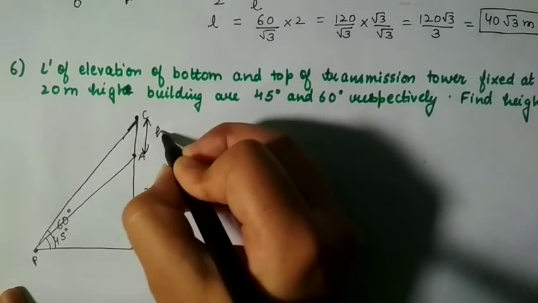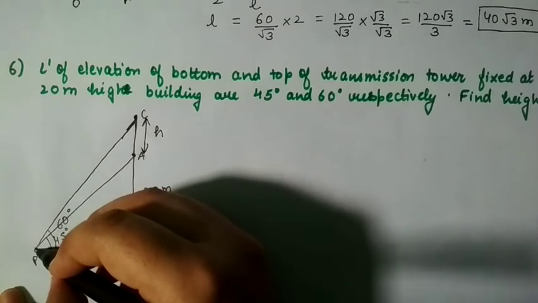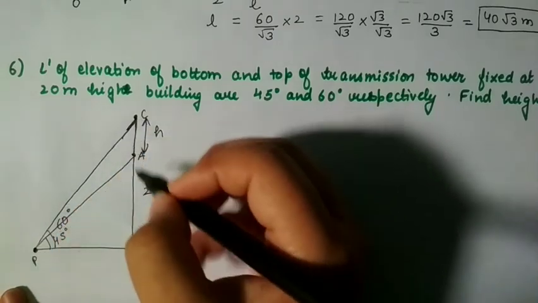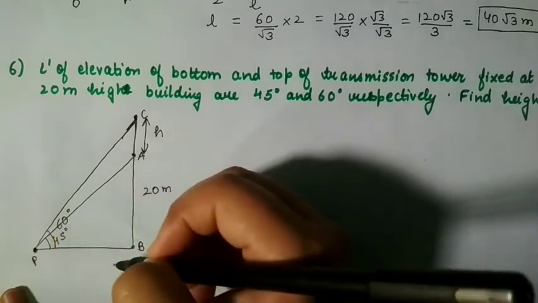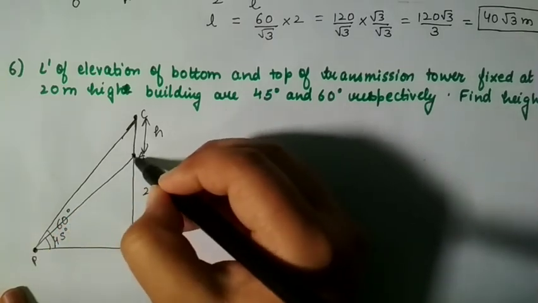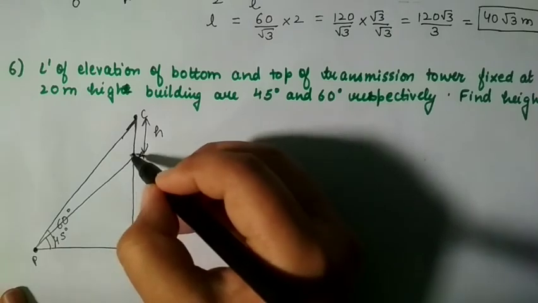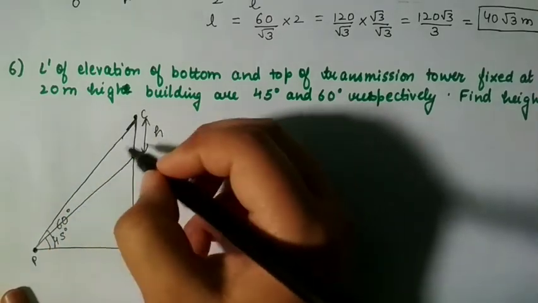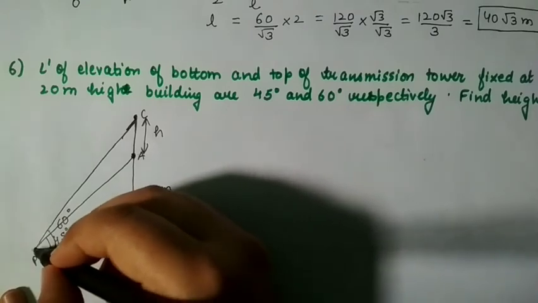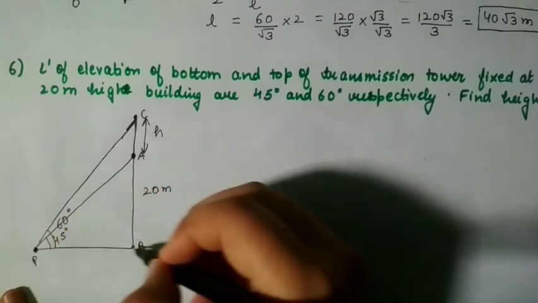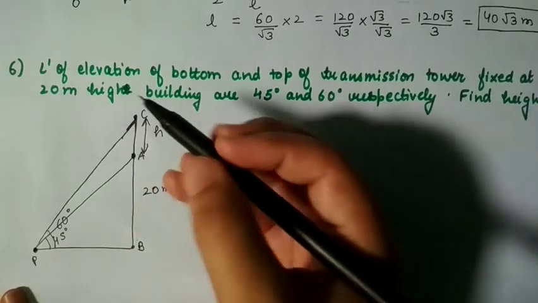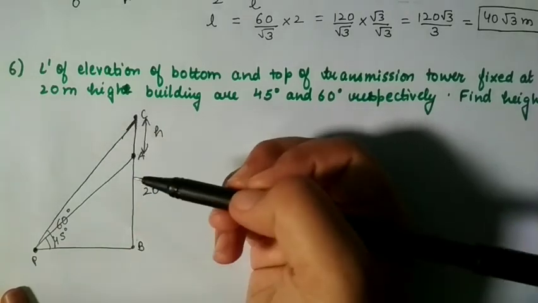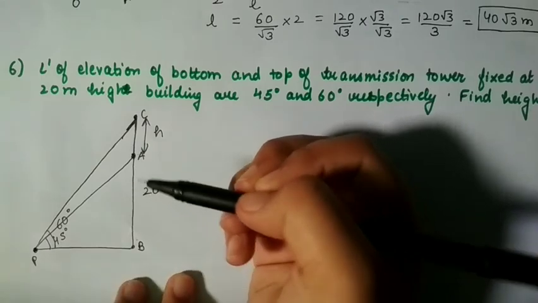Let it be H. So angle CPB is 60 degrees and angle APB is 45 degrees. This is the angle of elevation because the point of observation lies above the horizontal level.